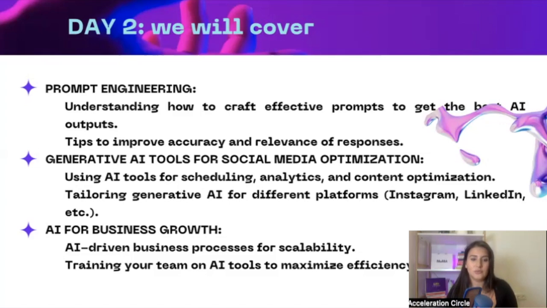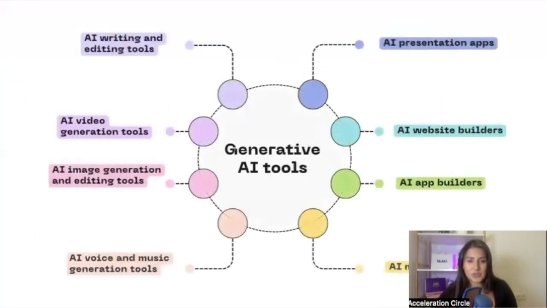So how to drive business processes and scale the business, and how to train your team, because it's very difficult if one person is familiar with AI and the team doesn't want to grow, doesn't want to implement these tools into the operations, you can't make it happen. So it's very important to introduce AI very seamlessly to your team as well. We will shortly talk about this.